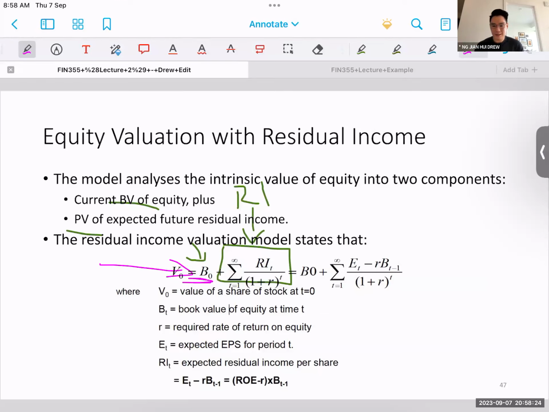So the main difference you notice in the residual income model is where the bulk of your valuation is coming from. Let's look at the residual income model. Where is the bulk of the value of the firm coming from? You notice that the book value is the bulk of the value of the firm, right?